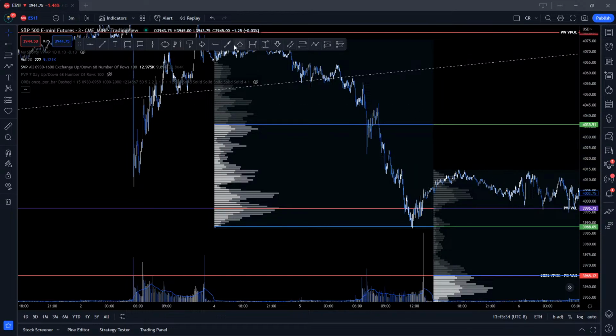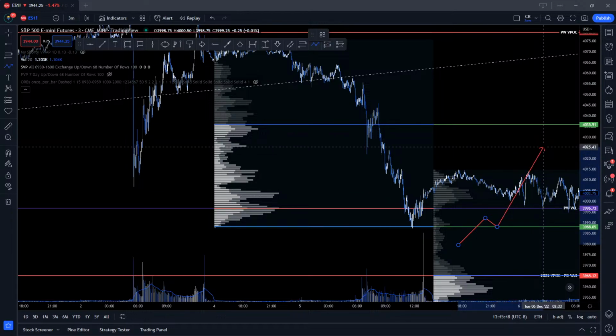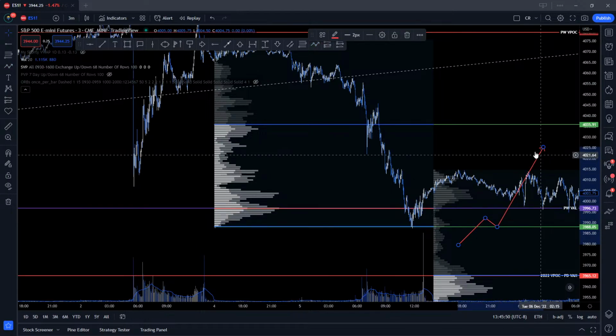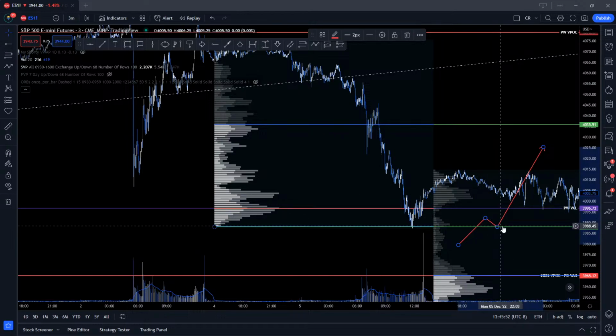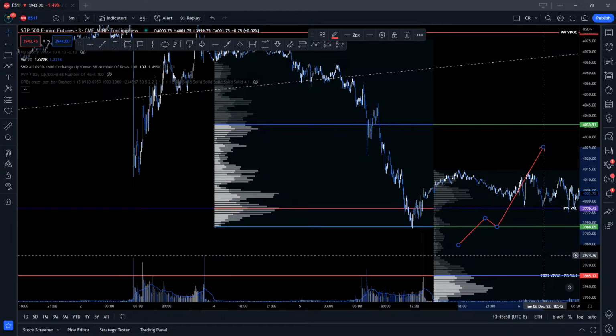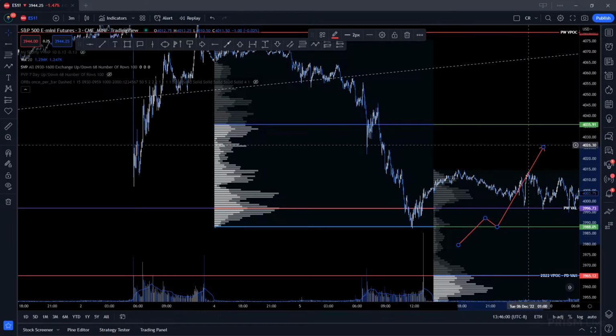The inverse is going to be open below here, come back inside, 3 candles close inside, retest the value area low and bounce. And this is going to be a very bullish play. And 80% of the time it will go from one side to the other side, up or down.